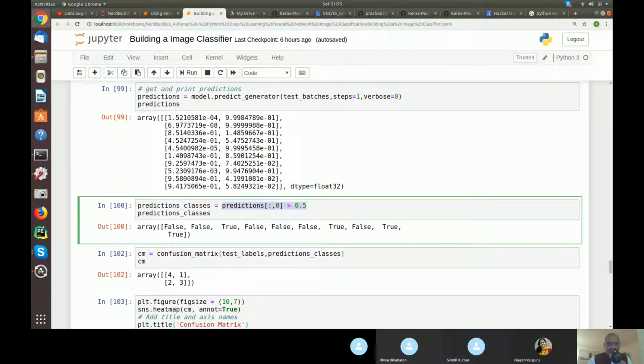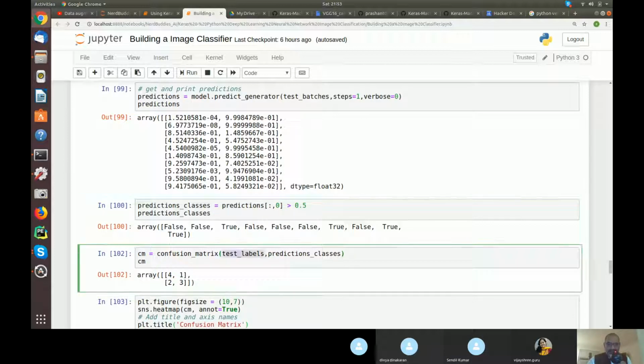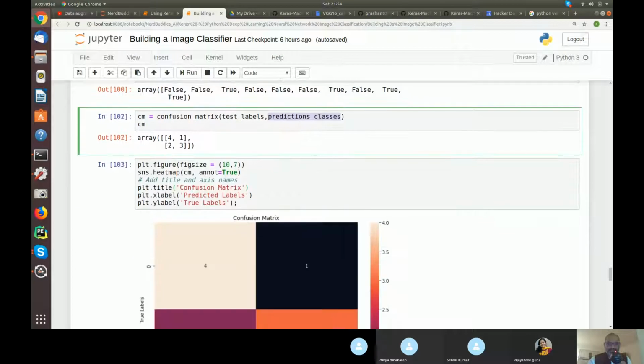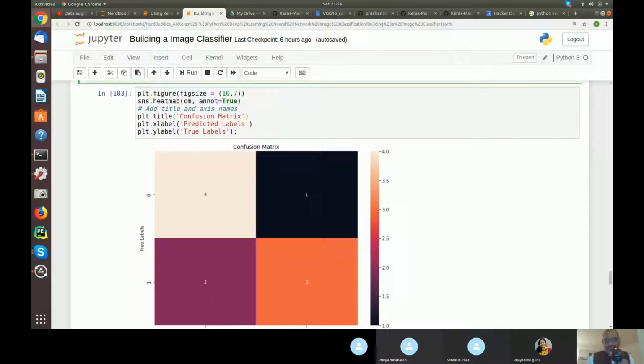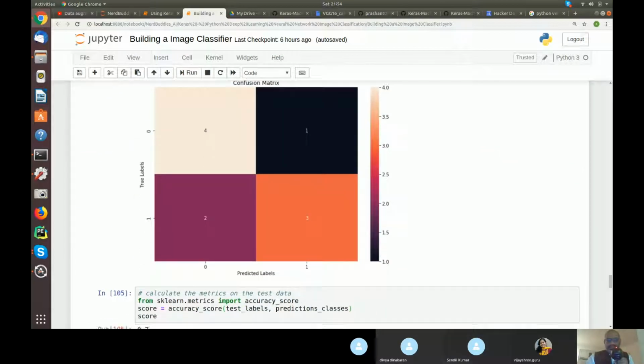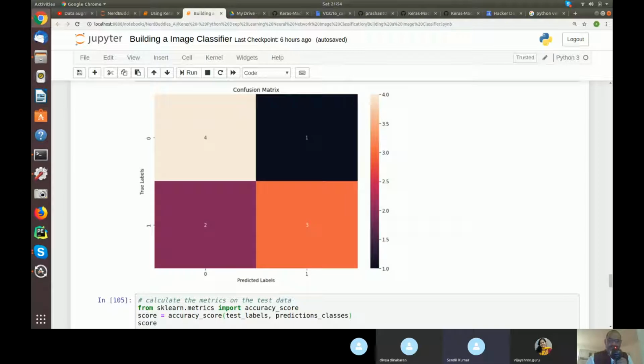So once we have this vector, because that's the format that scikit-learn expects, we take the labels, we give the prediction class, we have the confusion matrix, and then we plot that. So this is the confusion matrix.